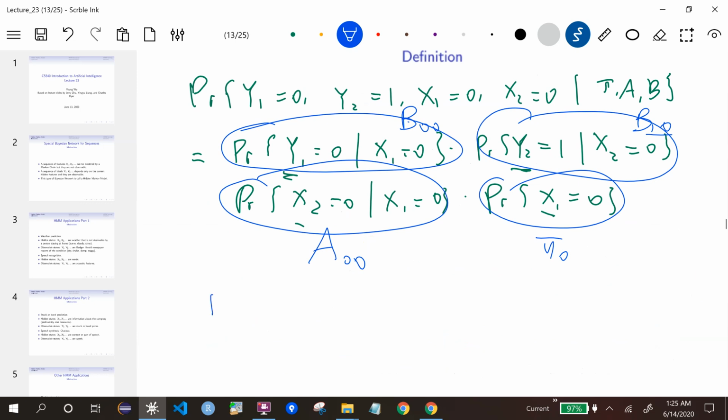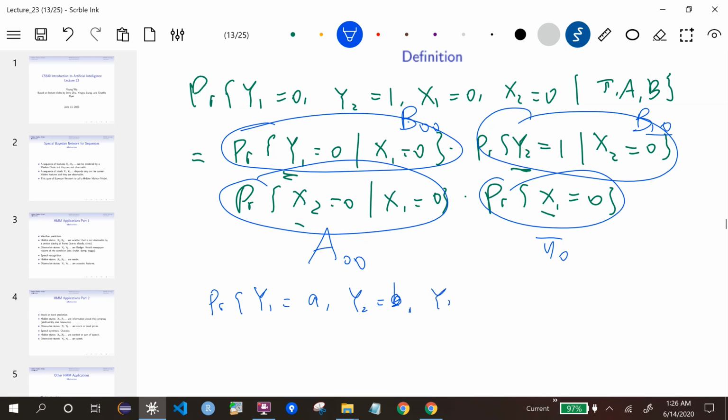Okay, let's maybe write down the more general form. Say y1 is A, y2 is B, x1 is C, x2 is D. Maybe to make things more challenging, let's add one extra state.